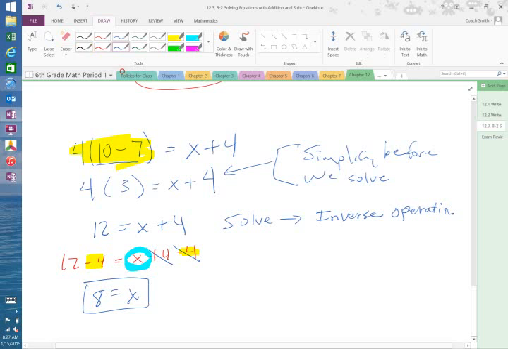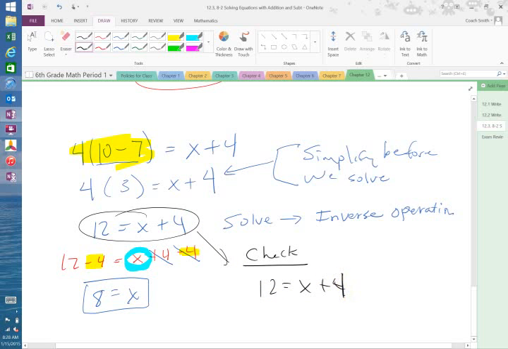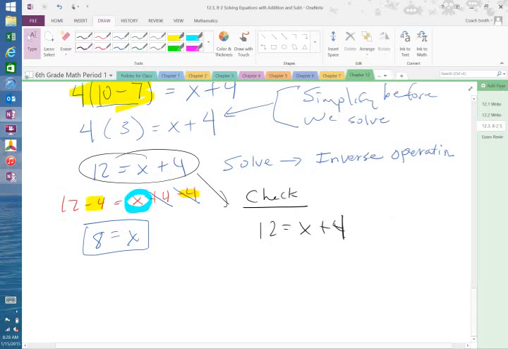Now, you can always check to make sure that you're right. How I would check this problem is I would write 12 equal to x plus 4, and then plug in my value of 8 for the x.